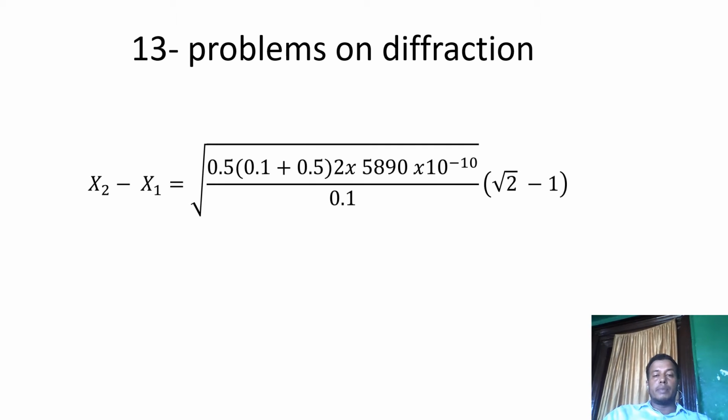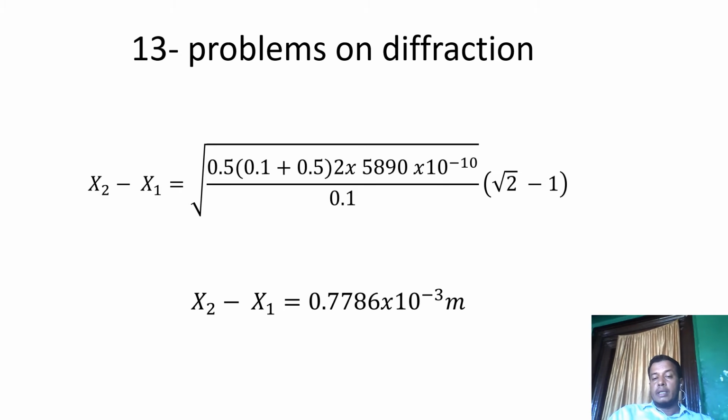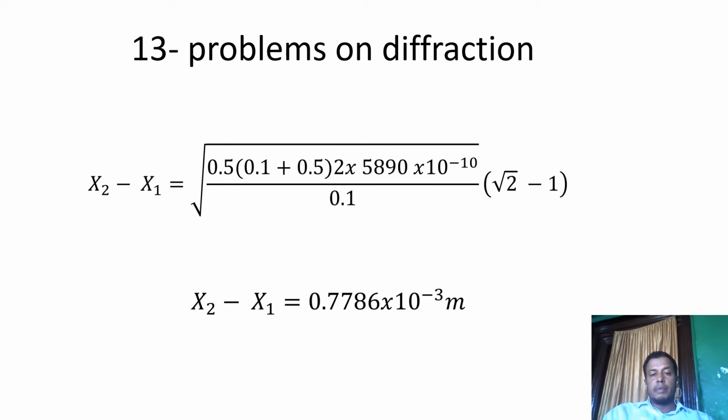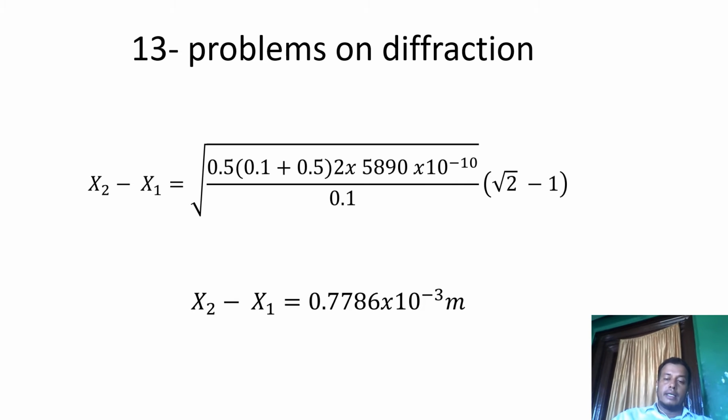On simplification, we get x2 minus x1 is equal to 0.0786 into 10 to the power of minus 3 meter. This is the distance between the first and second dark bands.